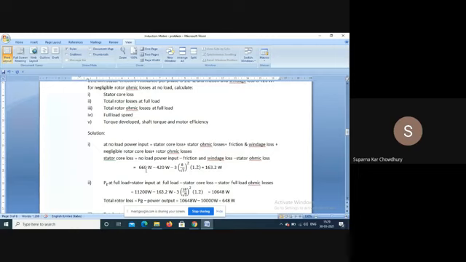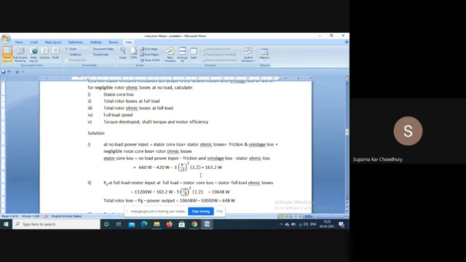So the input is 660 watt. The friction and windage loss is 420 watt, and the stator ohmic loss will be 3 into stator per phase current square. So this is a delta connection. For delta connection, as I have told, the quantities which we measure are always line quantities.